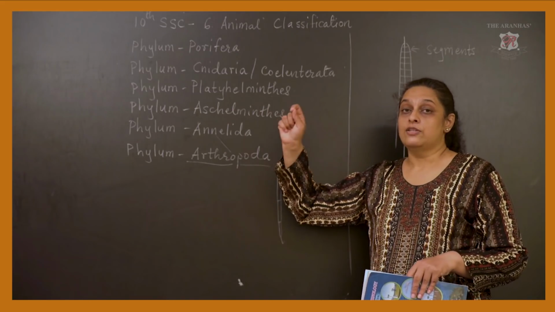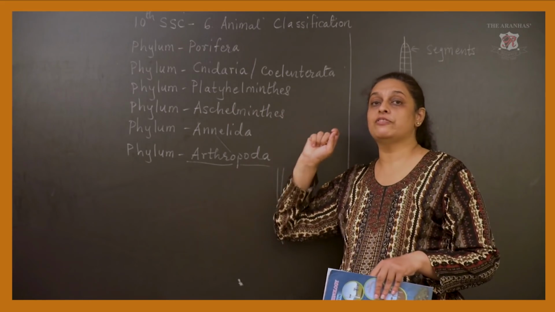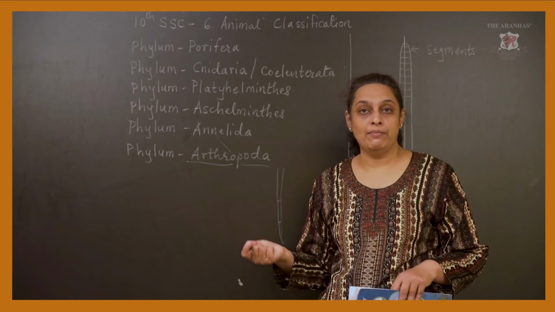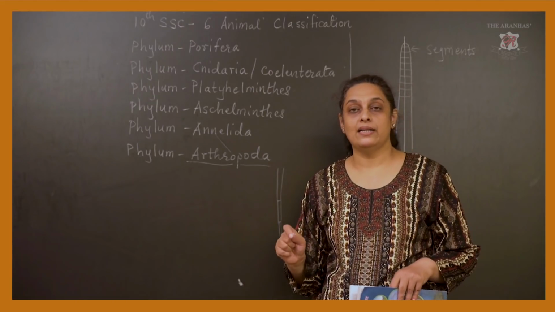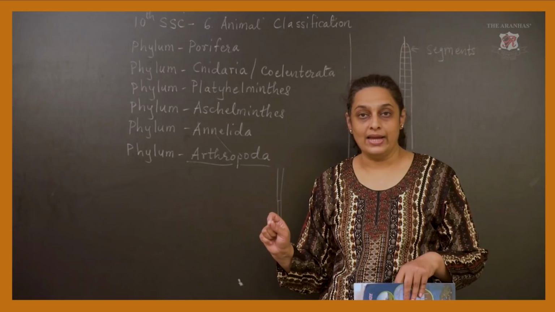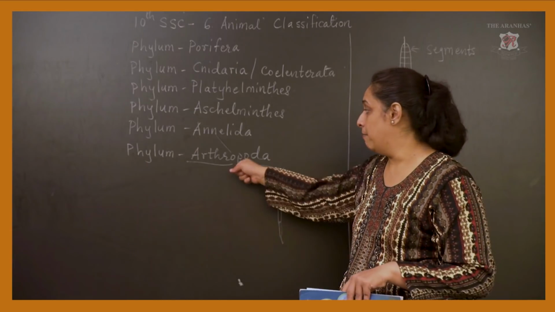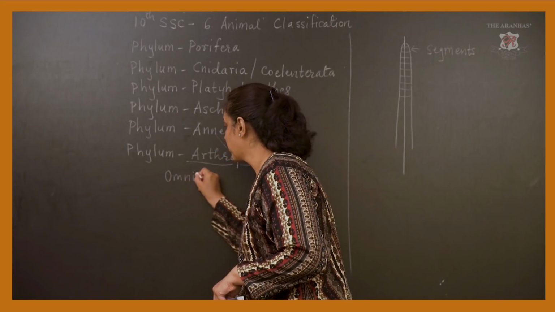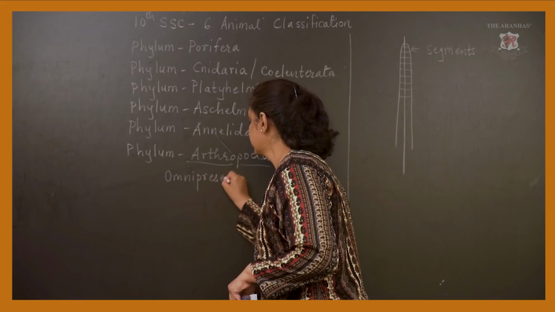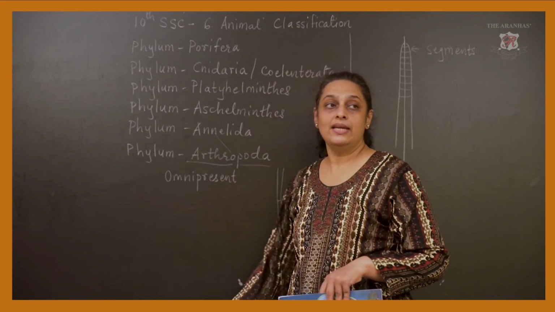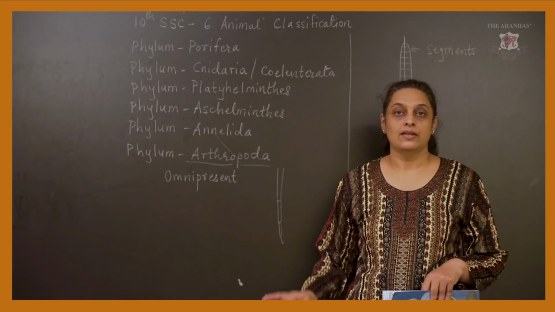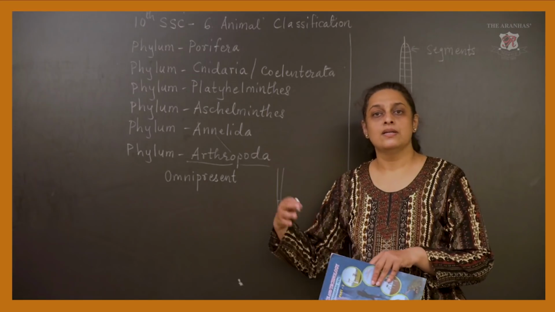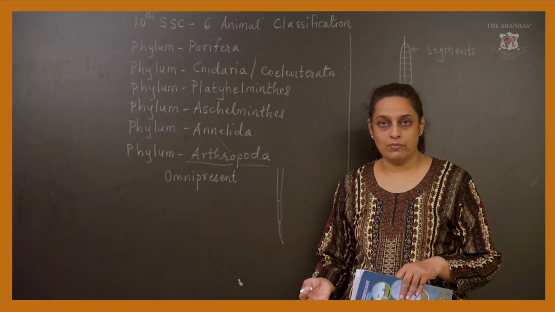Okay? Students, this is the largest phylum or the largest group. And where can you find members of this group? Practically everywhere. That's why many people say members of arthropoda are omnipresent. Omni is everywhere, in every climate, right from ocean or any water body.